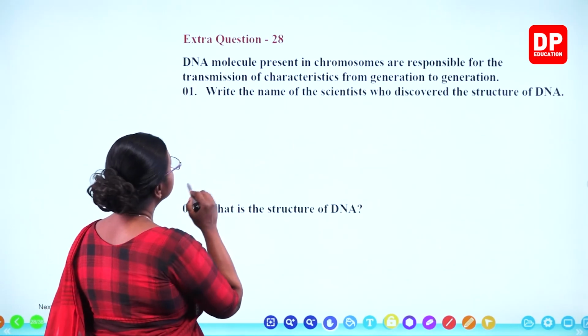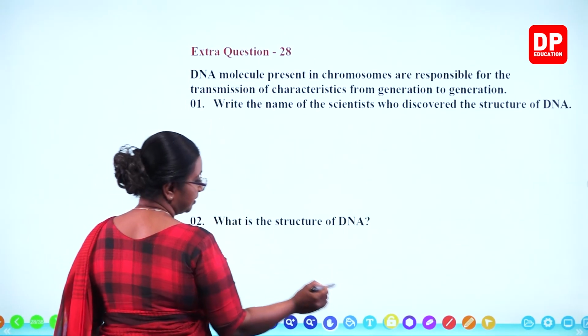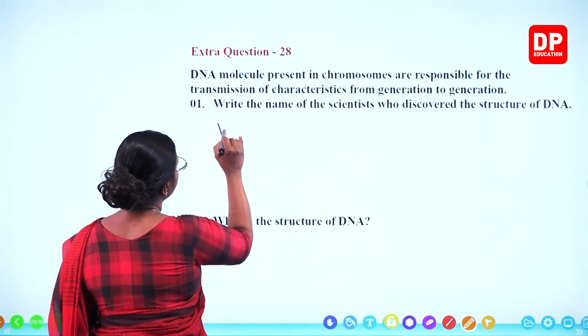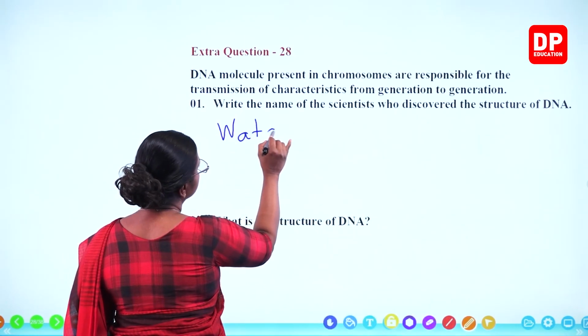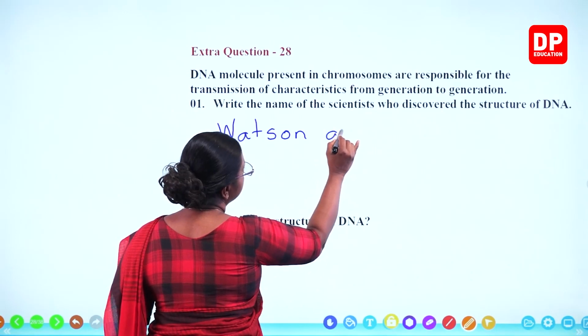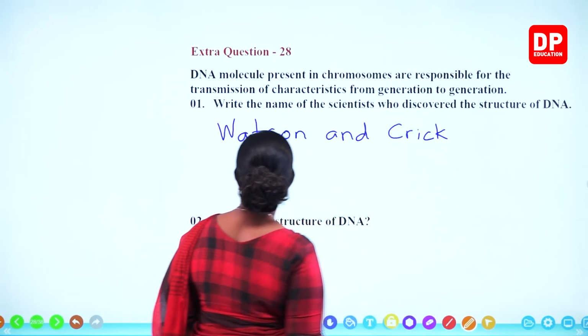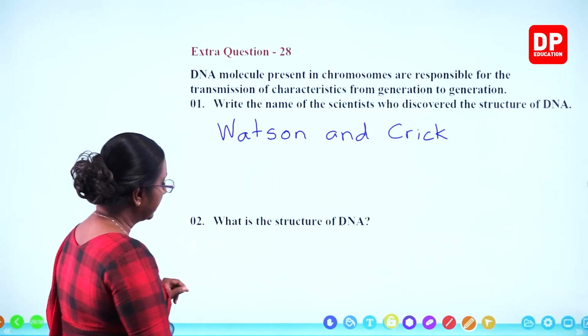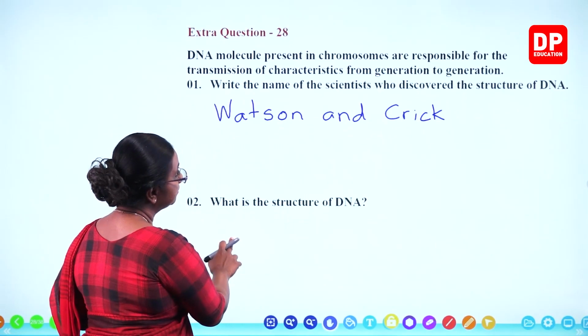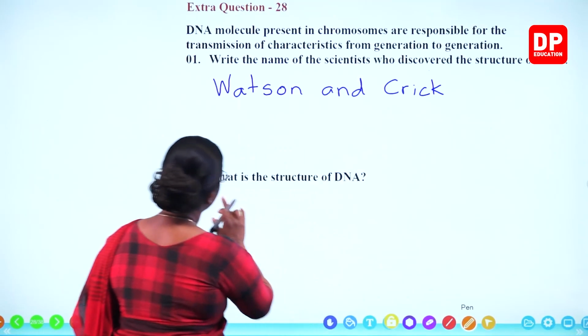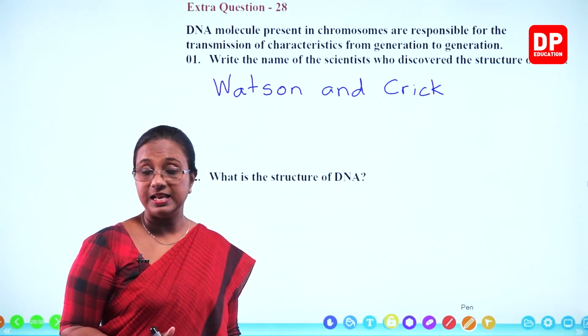So the name of the scientist, Watson and Crick. Then here the second question, what is the structure of DNA?